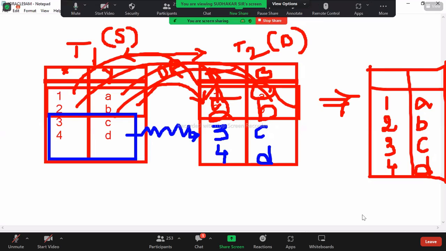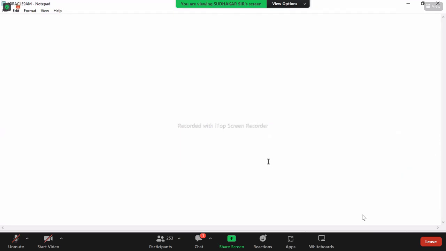Whatever old data is in the destination table is never touched or changed. As it is, keep your old data in your table, and the data which is not there will be transferred. That is the advantage of the merge command, and in real time it is very important. So that is what we discussed here.